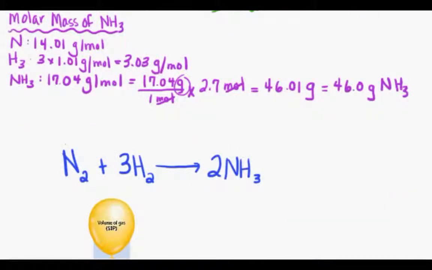Okay, so we've completed all 4 steps, and we were able to find that if 4 moles of hydrogen gas reacted in our given reaction, then 46.0 grams of ammonia would end up being produced. Now that we've solved the two-step problem, I just want to make sure you can see the pattern here.